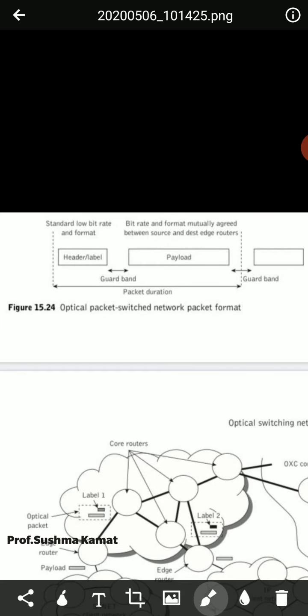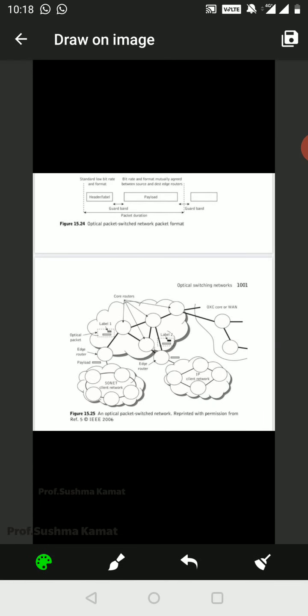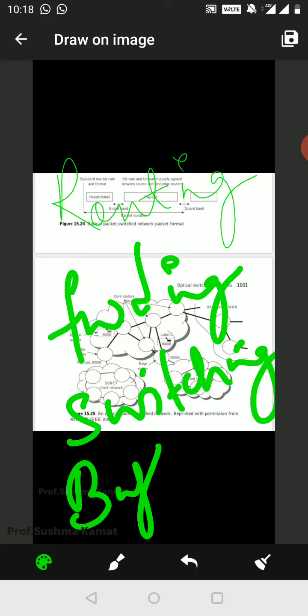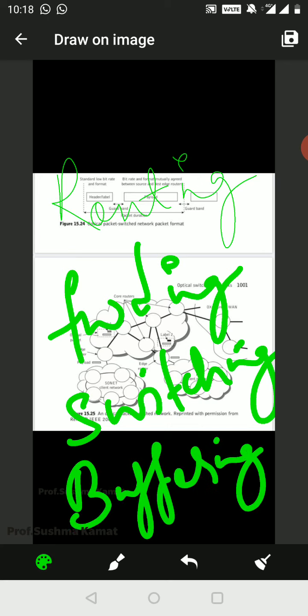So totally there are four operations or functions. First is routing, second is forwarding, third is switching, and the last one is buffering.